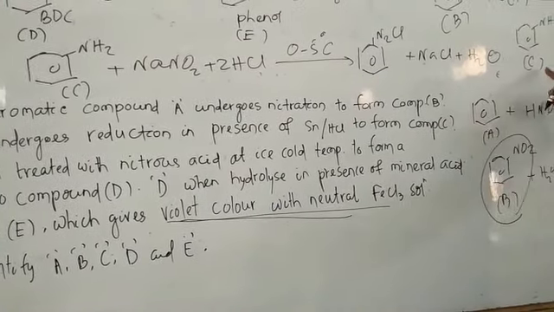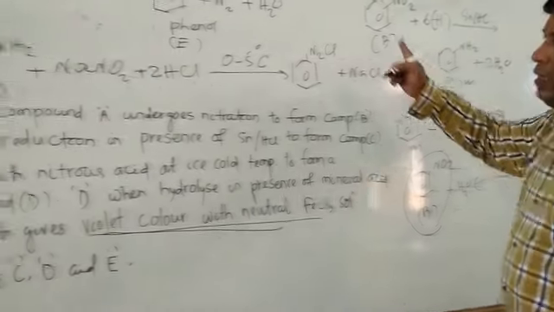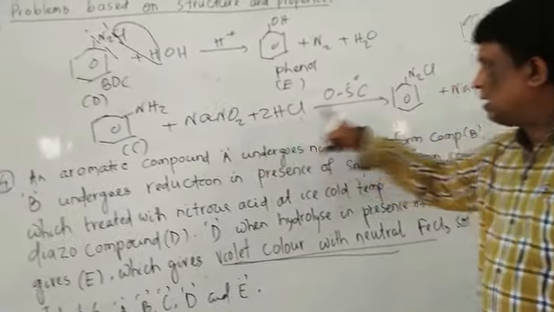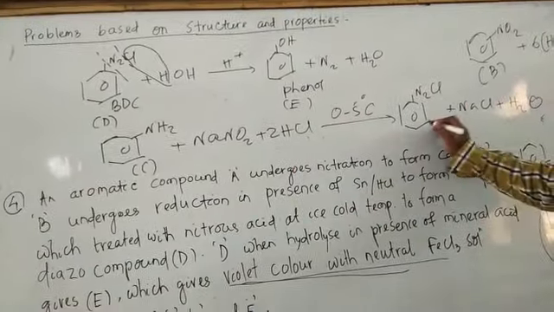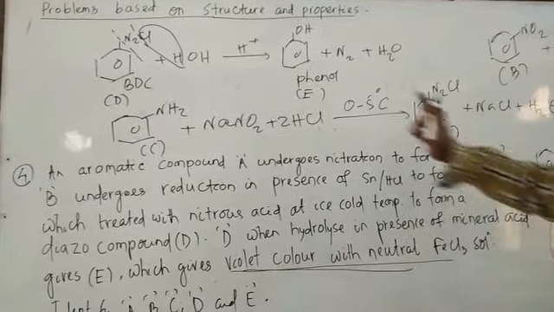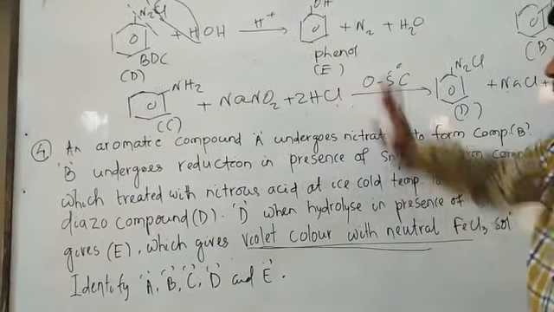Nitrobenzene undergoes reduction in acid medium to form aniline, C. Then aniline reacts with nitrous acid at ice cold temperature to form benzene diazonium chloride, D. When D is treated with hydrolysis in acid medium, it forms E, phenol.